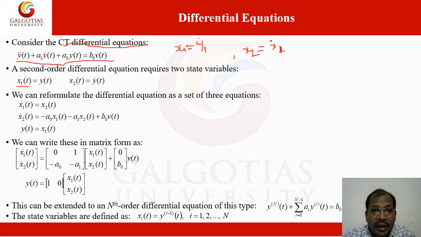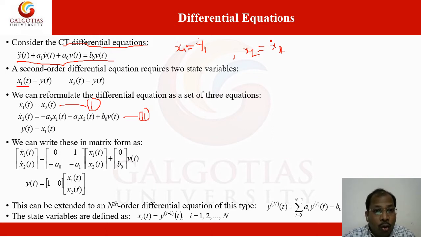So we can write it in matrix form. You can see here x1 dot and x2 dot, these two state variables are there. From equation 1 and equation 2 we can construct the A matrix.